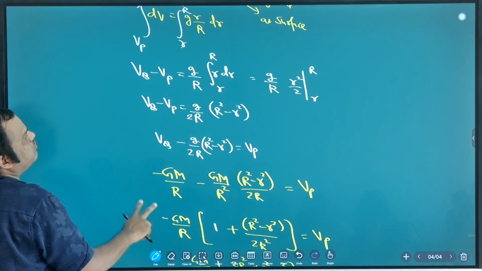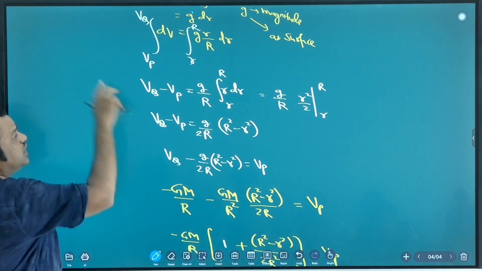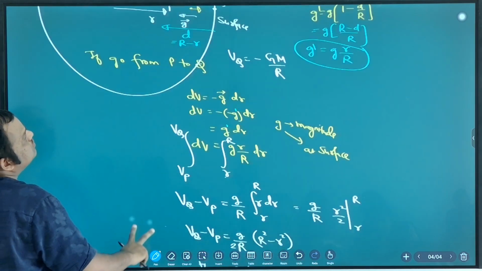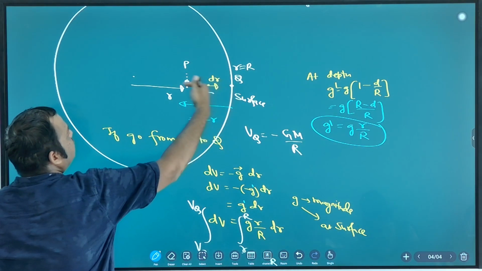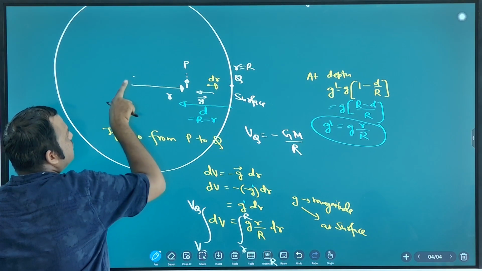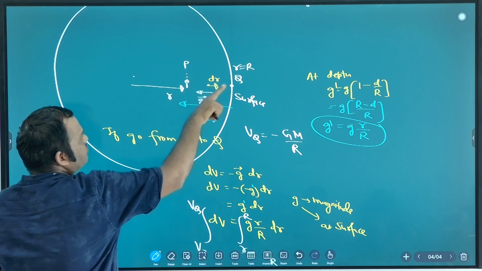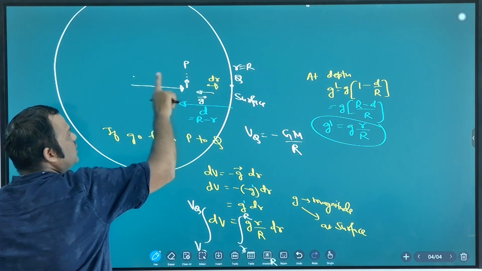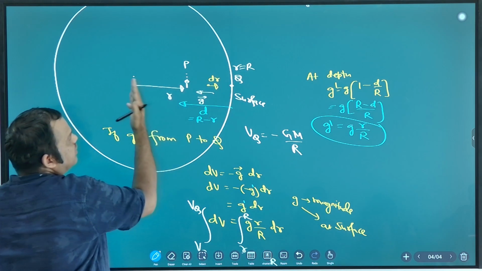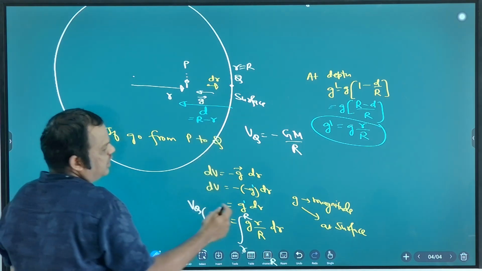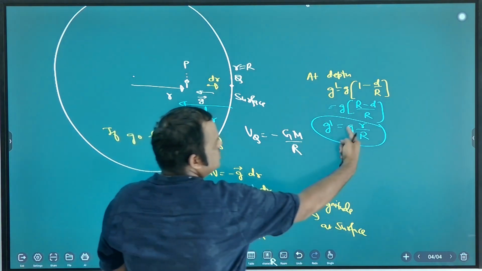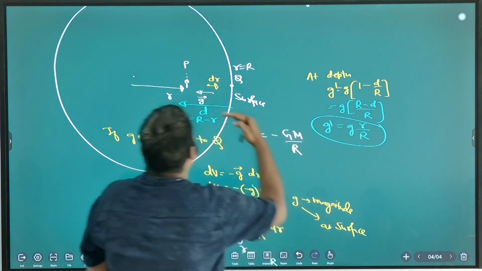The same type of derivation will be in electrostatics also. So the direction of field is towards center. I am going from center to surface, so potential is increasing. At r distance, what is the g vector? At r distance, g vector is gr by R, left side.